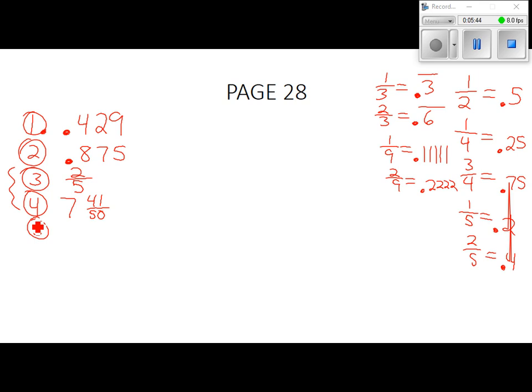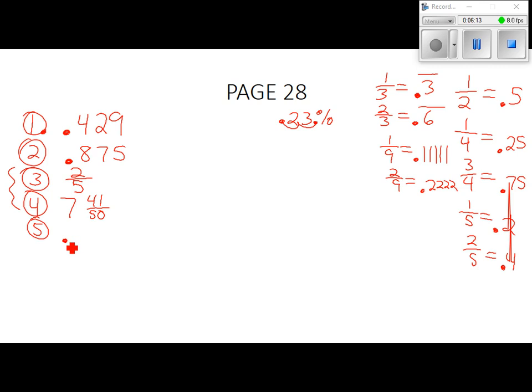Right. Number 5, what does 5 say to do? Change those percents to this. Percent to a decimal. Anytime we're changing a percent to a decimal, if I just give you 23%, where's the decimal at? After the 3, it's at the end, and you bump it 2 places to the left. So this one, what is it?